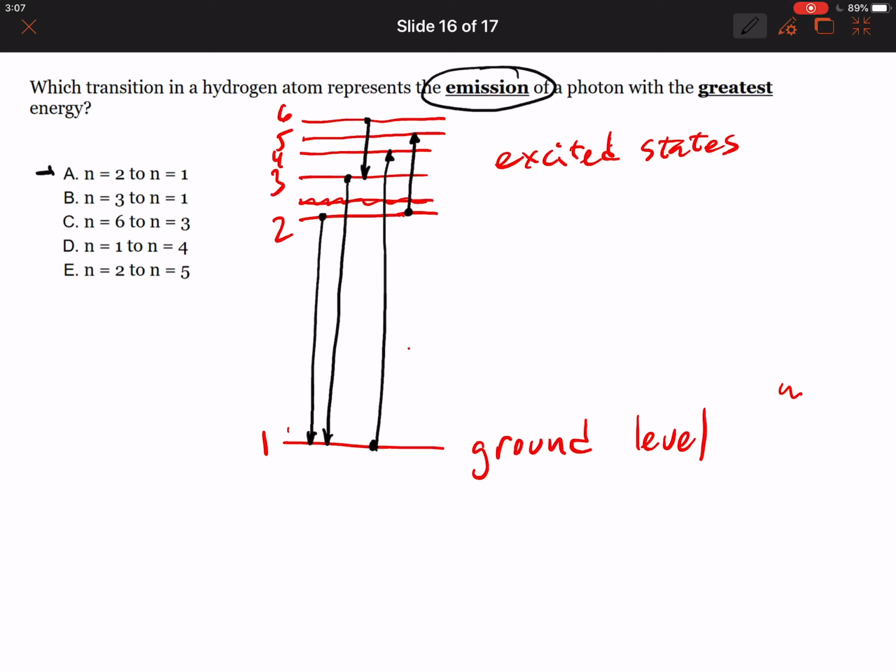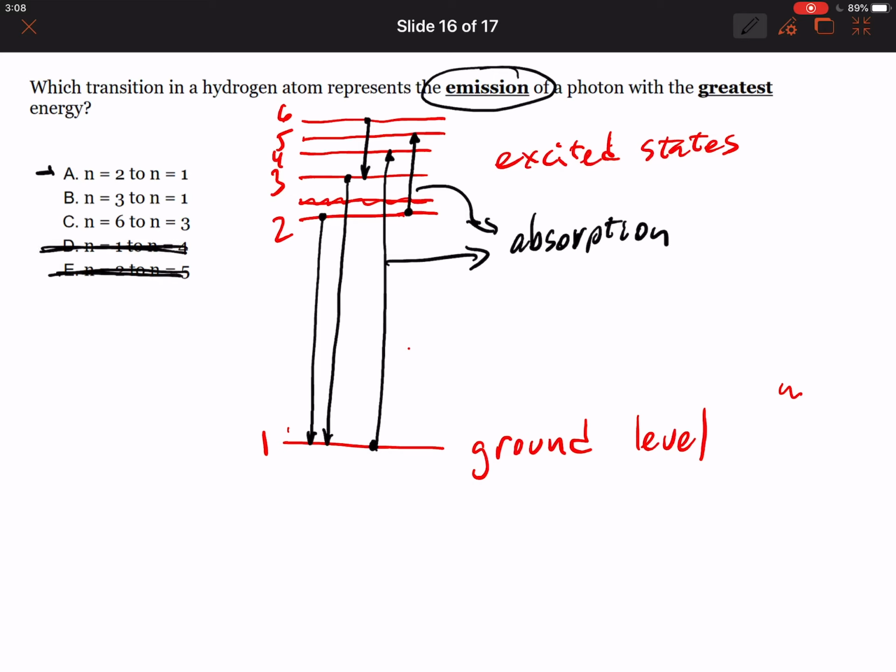If you are going the other way around, from a lower level to a higher energy level, then you have to absorb a photon. So this one and this one are absorption. Therefore, if we are looking for emission, we discard these two.